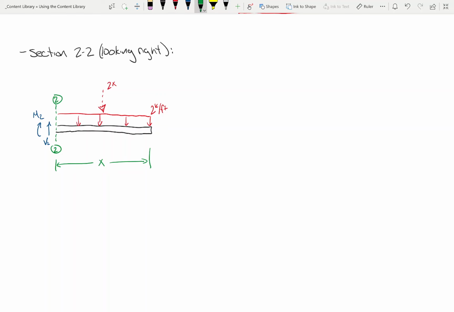Same story here. Same story there. So we have M2 and we have that.